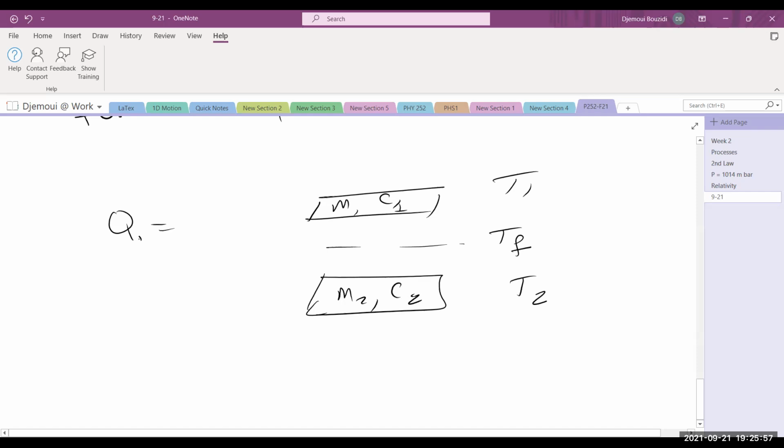So the energy lost by one is the energy gained by the other. The heat lost by one is the heat gained by the other. And that's how I find the final temperature. I know this is the easy question, and a lot of you did it probably in chemistry and stuff like that. But remember, this was actually one of the labs.